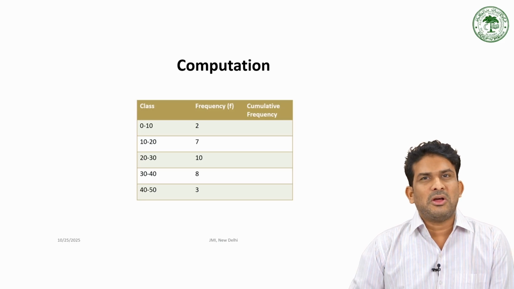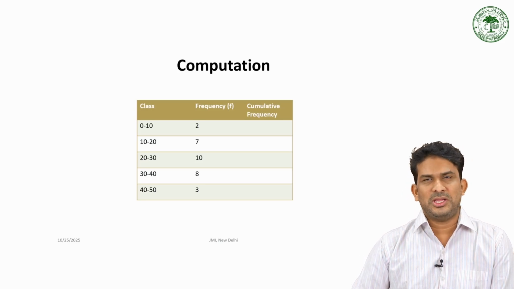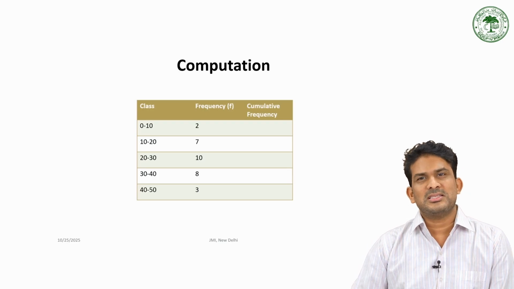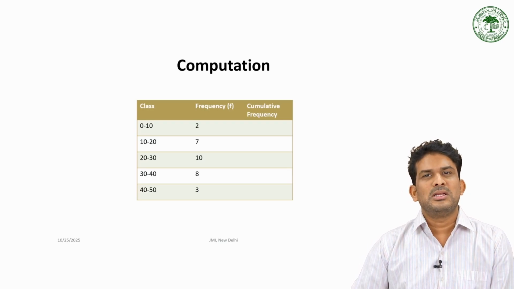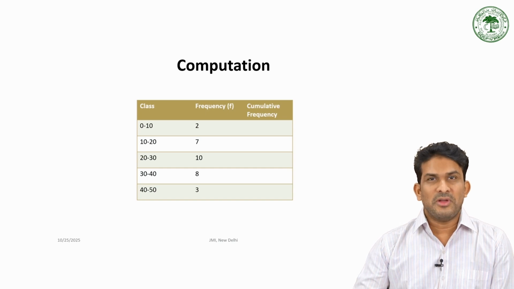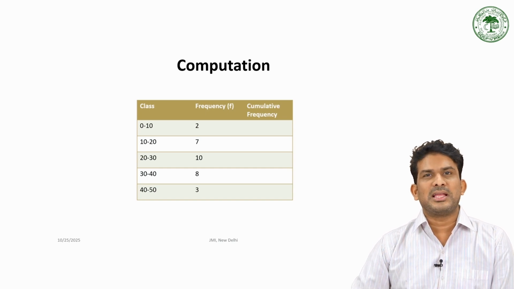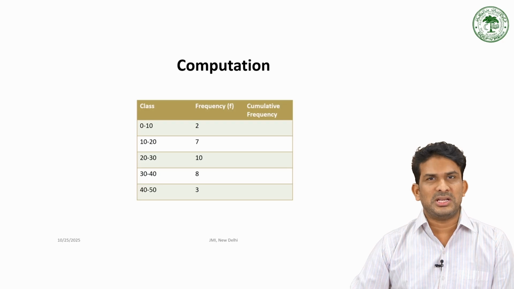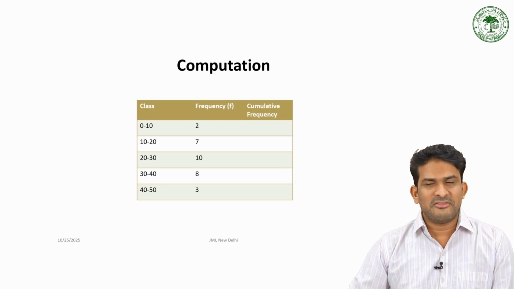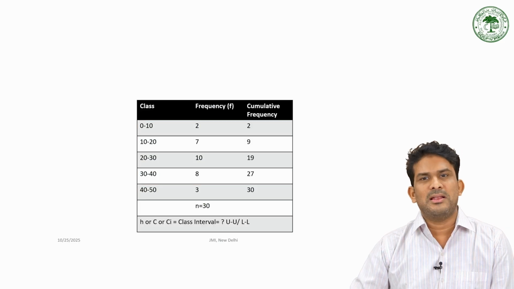Here, we cannot identify the same thing. The possible solution for identification is to compute cumulative frequency. When we write the cumulative frequency, we will get which class is in the center. Accordingly, we identify the median class as well.